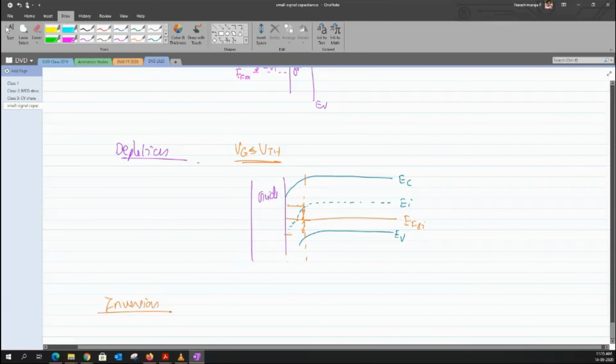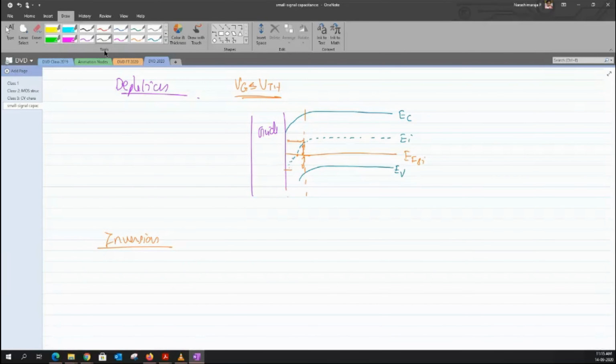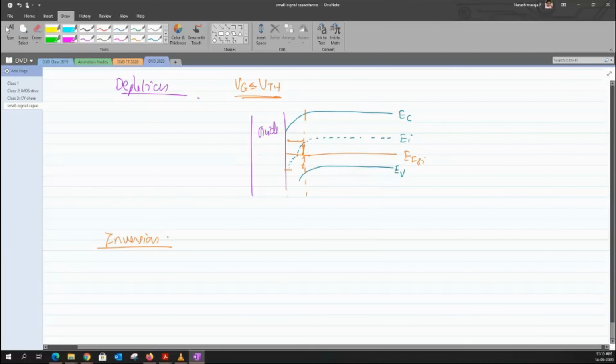I'm just going fast because it is not that important for us to discuss from the exam point of view, but for understanding, you can just glance at this topic. In the case of inversion, we are trying to shift the value of this Fermi level. The Fermi level of our metal is still going down, due to which all of these bands are bending again.